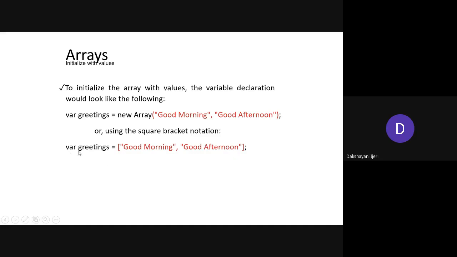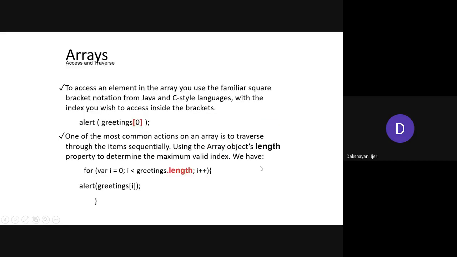If you use this method, by default the square brackets and the elements within them will make greetings an array variable with these elements. All these statements need to be terminated with a semicolon. Now, how to access a particular element from an array? It is exactly the same way as you do it with other programming languages.